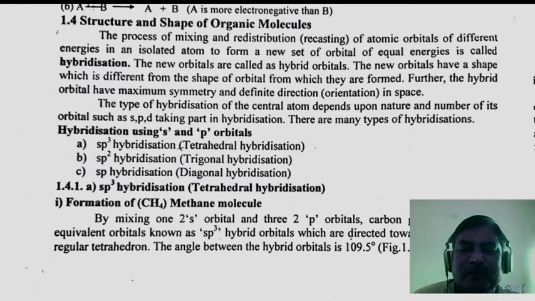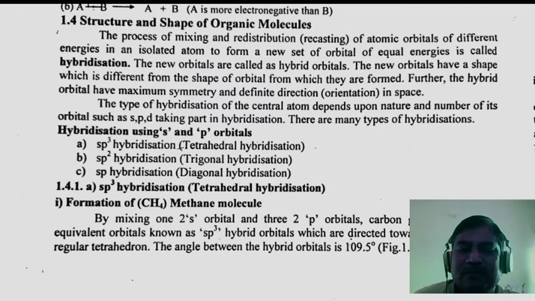Other atoms like carbon, oxygen, nitrogen, sulfur contain p orbitals, while the atoms with higher atomic number contain d and f atomic orbitals. So there are four different types of atomic orbitals, that is s, p, d, and f, right? These are the four atomic orbitals present in different individual atoms.